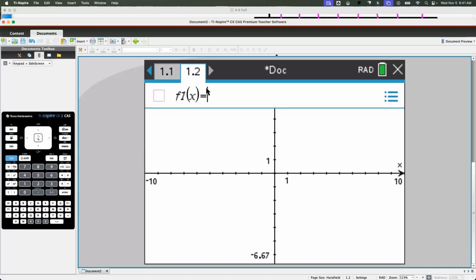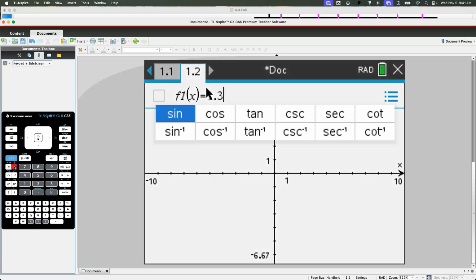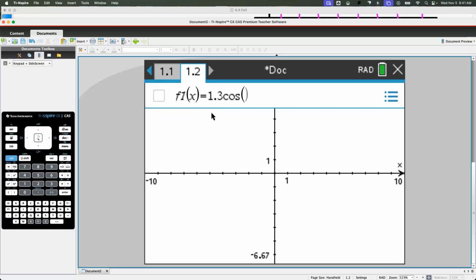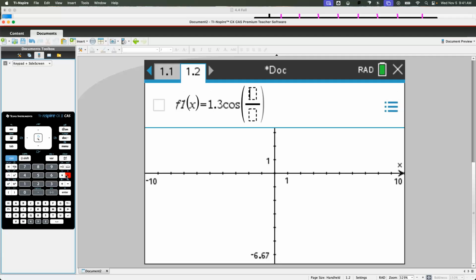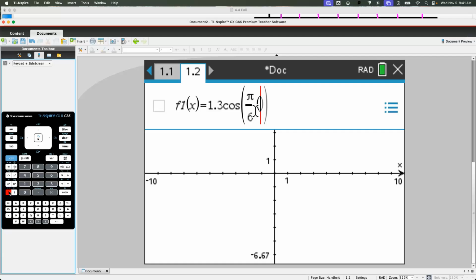Now I'm going to type in my function, 1.3 cosine of pi over 6 times the quantity, instead of t now I'm going to use x because I'm in a function of x, x minus 4, close, close, plus 3.1.